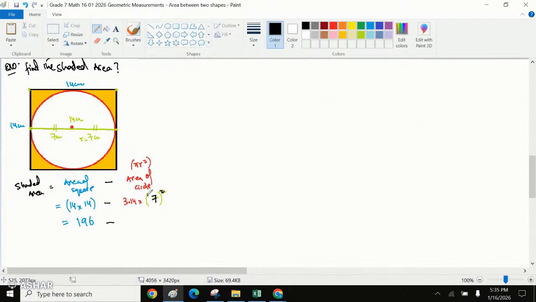So 7 squared is 49, multiplied by 3.14, and it comes out to be 153.86. Once we subtract 196 from it, we are left with 42.14. The unit was centimeter squared.